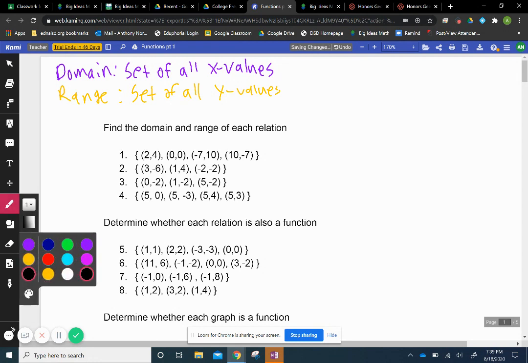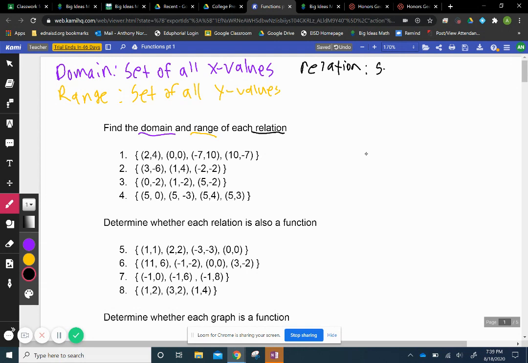Now here's the word we might not know. Relation. Relation is really straightforward. A relation is a set of ordered pairs.